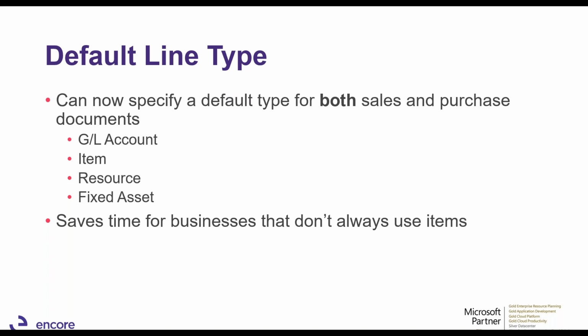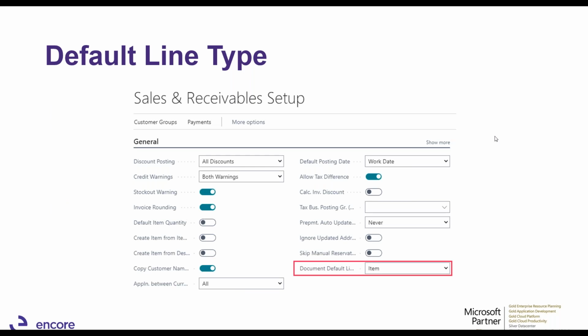So this saves a lot of time for any business that doesn't always need or may never need to use items, and they may be exclusively using GL accounts. To set that up, here's a screenshot of the sales and receivables setup page.